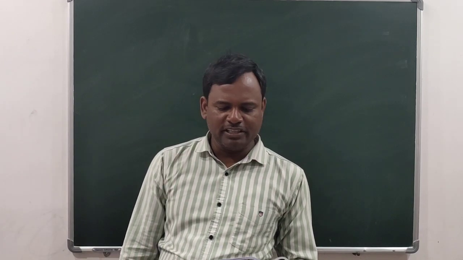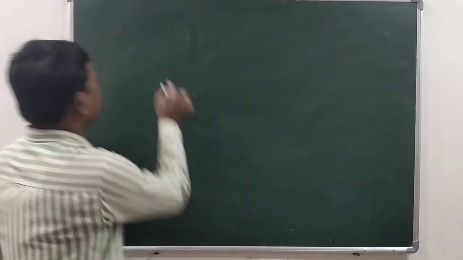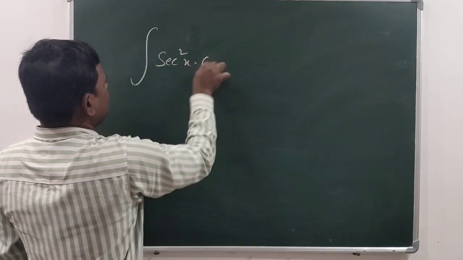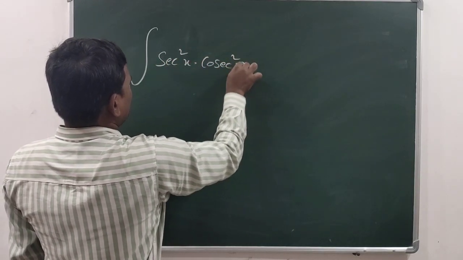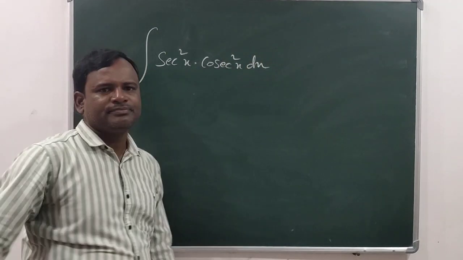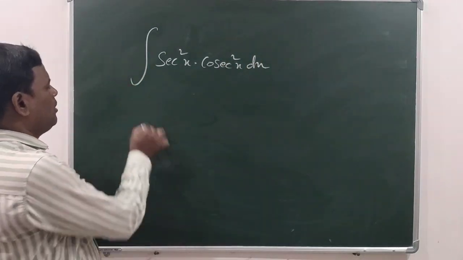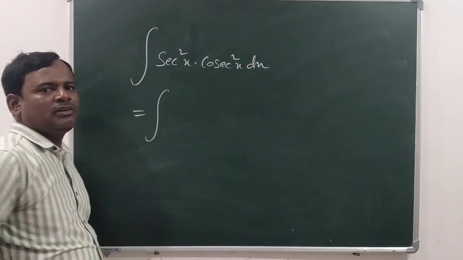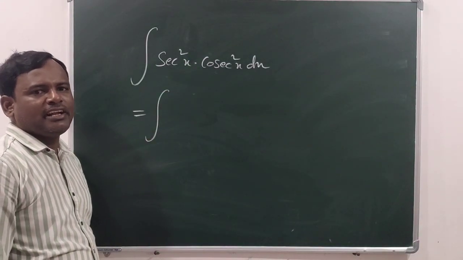Right, see this, integral of secant square x into cosec square x dx. Now how do you answer this question? First express them in sin and cos.